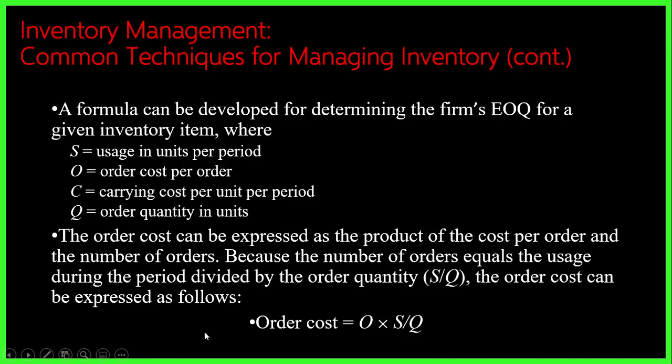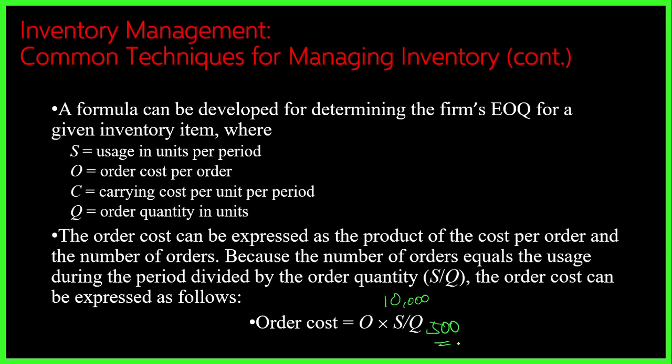Okay. Now, let's just have an example, let's say that ito kasi per period. Let's talk about 1 month. In 1 month, let's say you are able to sell 10,000 units of product X. Okay, and every time you order 500 units every time na bibili ka.